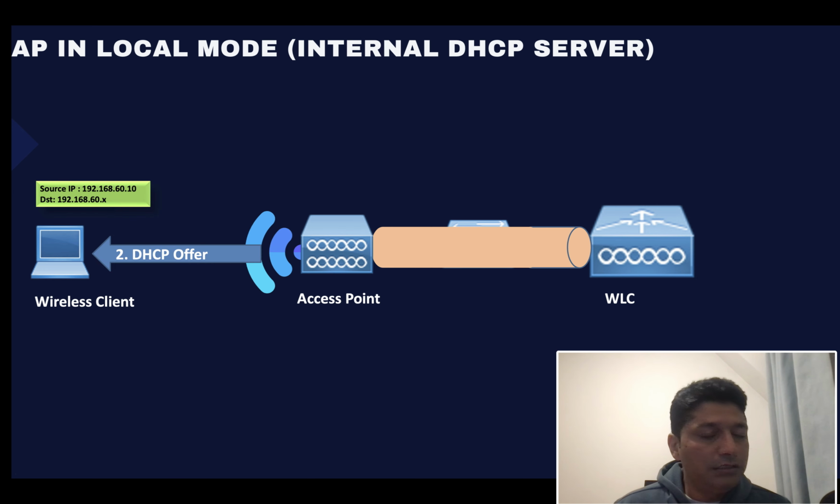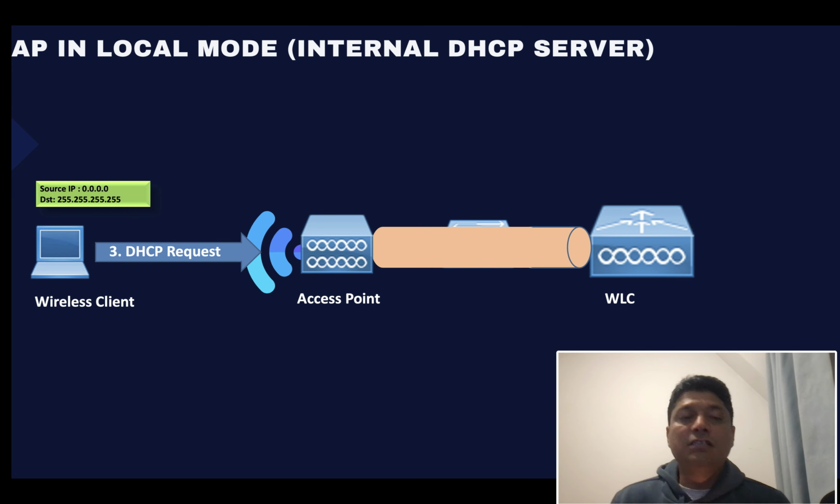Now once the client gets the DHCP offer, the client tries to send a DHCP request packet with the source IP address again 0.0.0.0 and the destination as broadcast. Here, imagine you are going into a coffee shop and the barista asks you your name, your favorite coffee, your mobile number, and when you go next time into the same coffee shop, the barista would know your favorite coffee. So without even asking which coffee you want to order, they would offer you your favorite coffee.